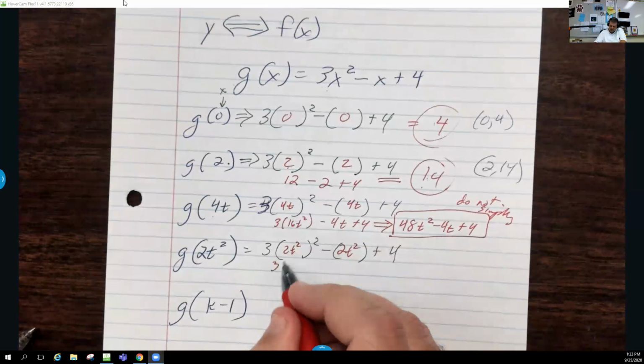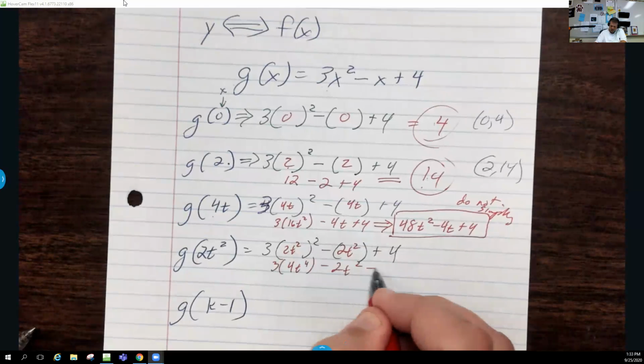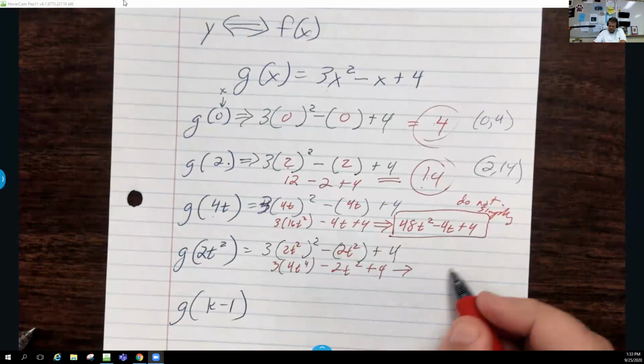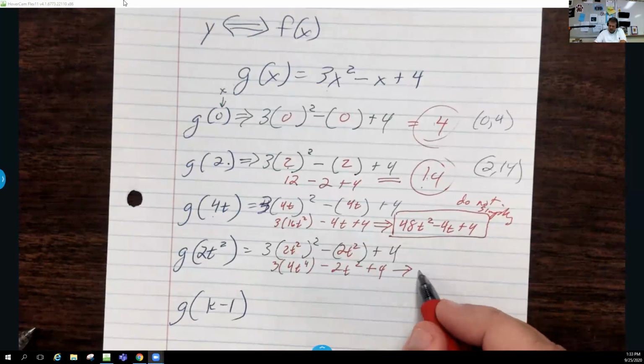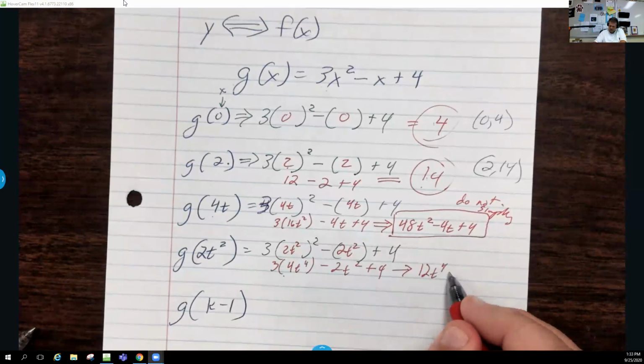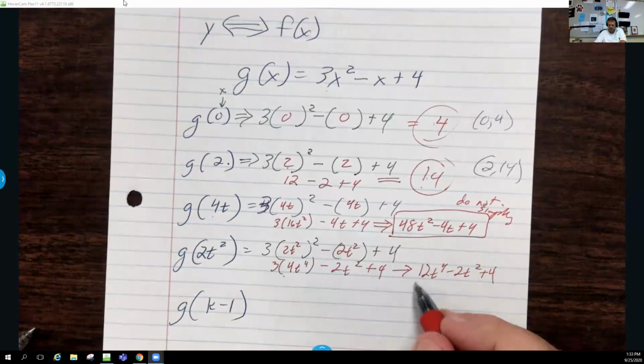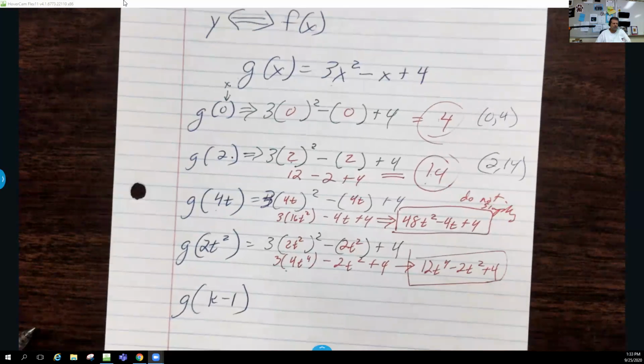This is going to be 3 times 4t to the 4th minus 2t squared plus 4, which simplifies, or these two multiply. 12t to the 4th minus 2t squared plus 4. Even though they're all even, you do not reduce any of it. It is an expression. Expressions do not simplify farther. You can factor out a 2, but you have to leave it in the answer. That's too much work.